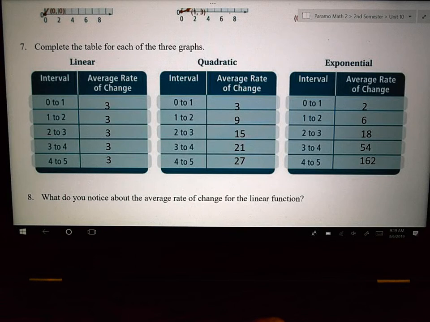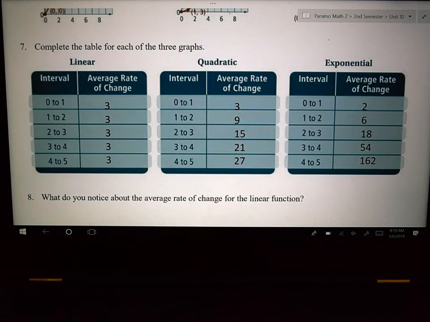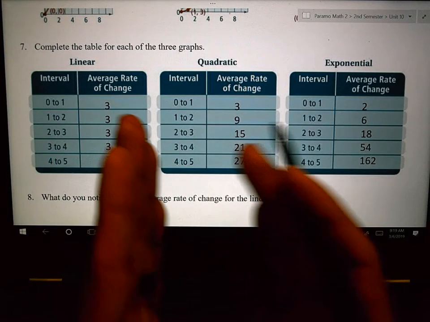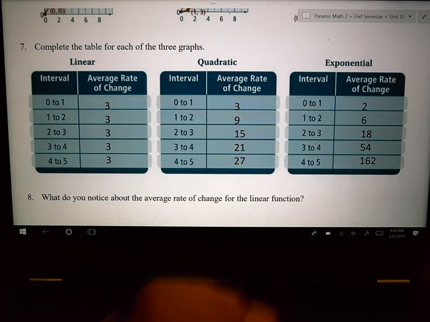And just a little preview as you're writing those things down, there's going to be something different about a linear graph, a quadratic graph, and an exponential graph. That's what your last section is on anyways, in section 9. So as you look at these, something different happens for the average rate of change of a linear graph versus a quadratic versus an exponential.